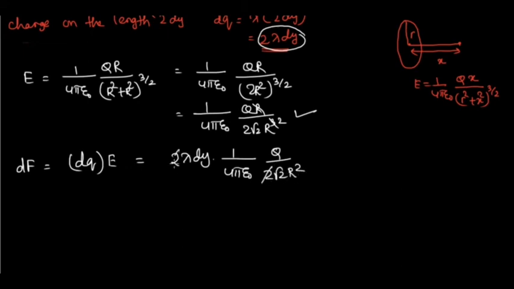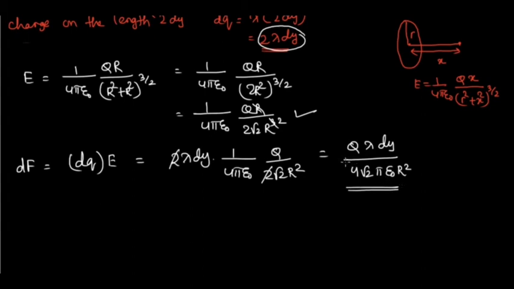So 2 and 2 will cancel, you will get q lambda dy divided by, it will be 8 pi, sorry, it will be how much? It will be 4 root 2 pi epsilon naught r square. Is that clear? So this will be the net electrostatic force.